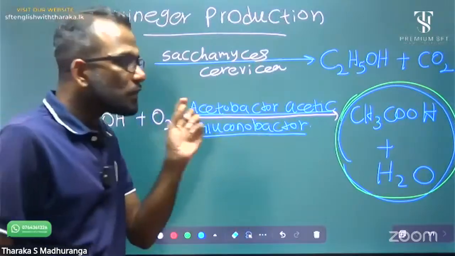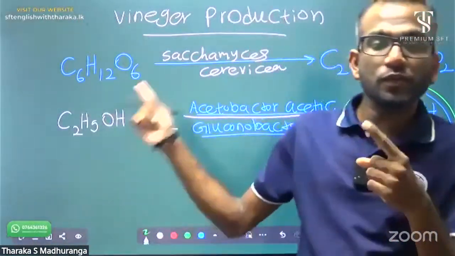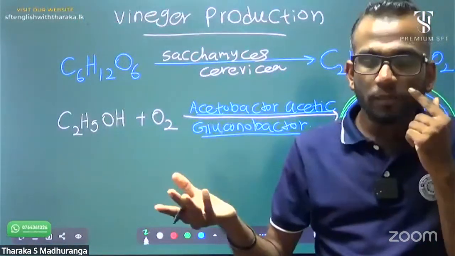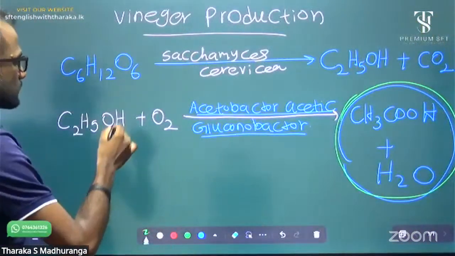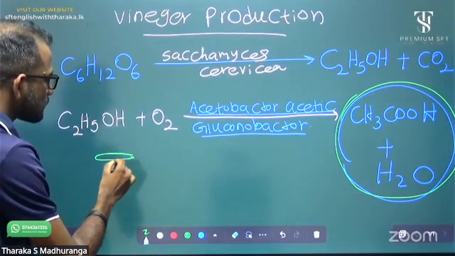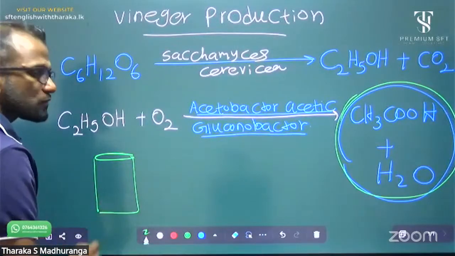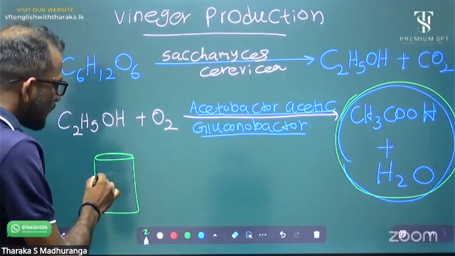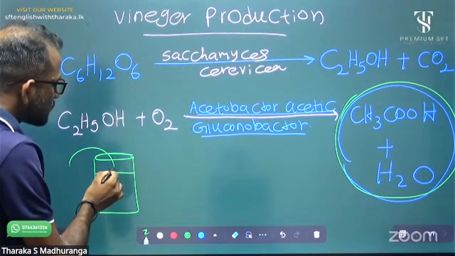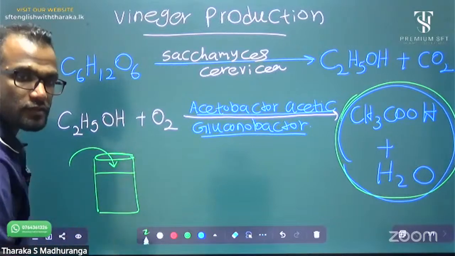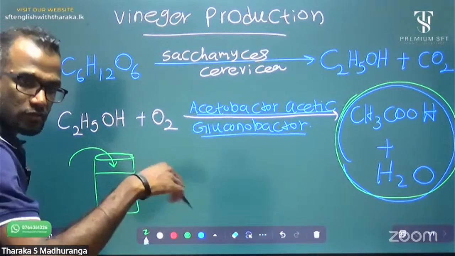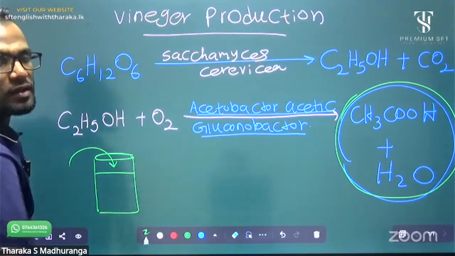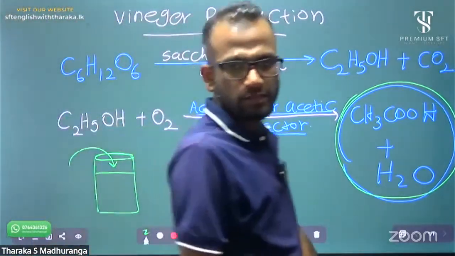Normally, I told you that you can produce this 2D at your home. I gave you the method. How to make it? Get a glass of water. Then add 3 to 4 spoons of sugar, dissolve well and keep aside for 3 to 4 days.